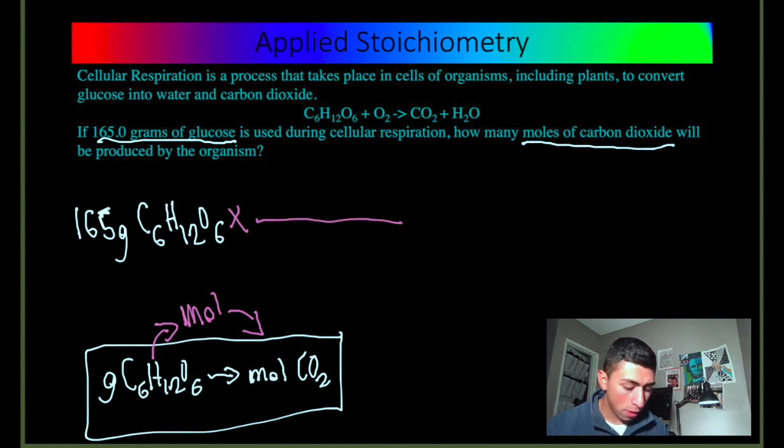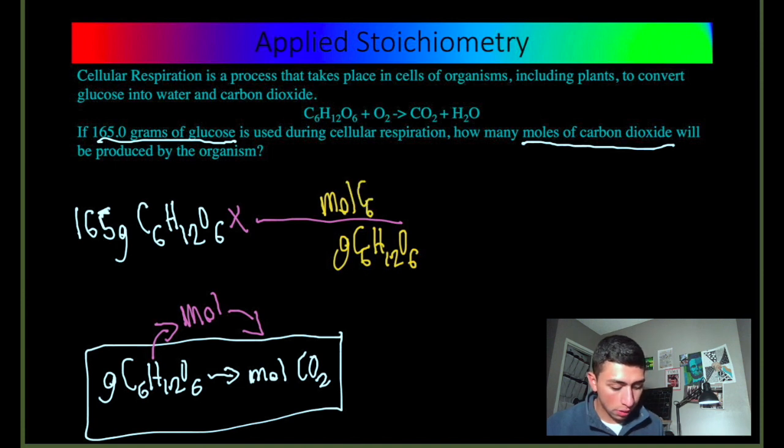So we're going from grams of C6H12O6, and we're trying to go to moles of CO2. So we have to go from grams of glucose to moles of glucose first.